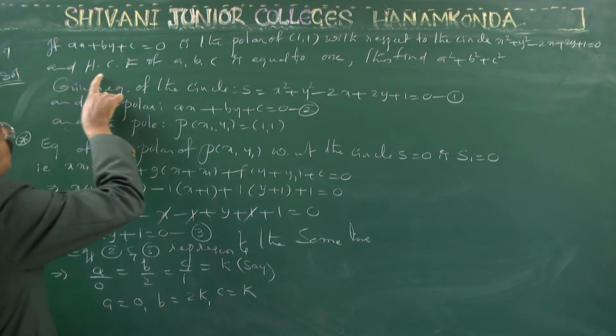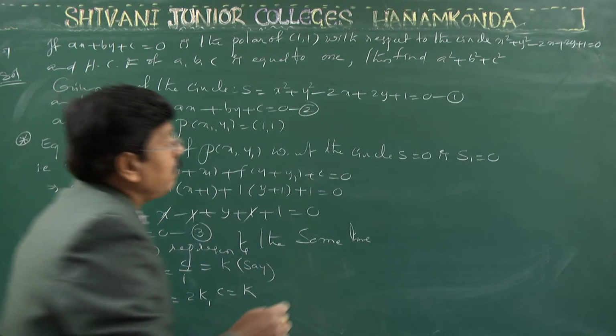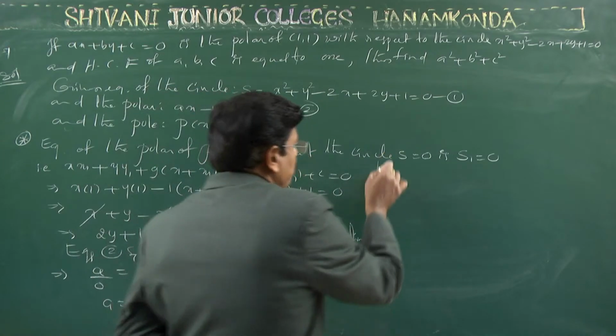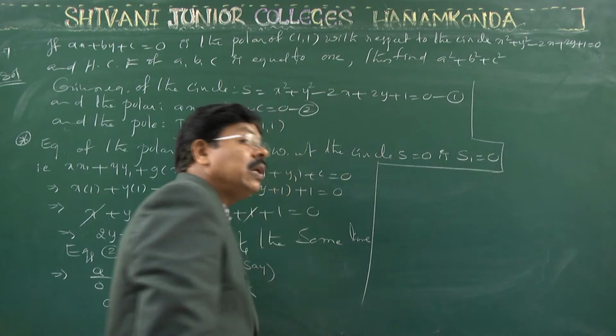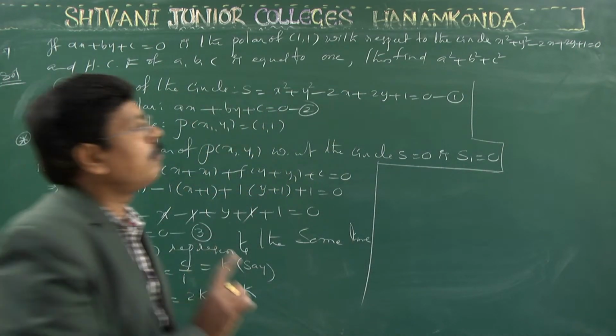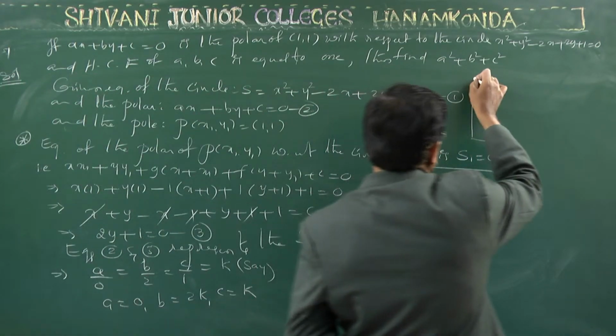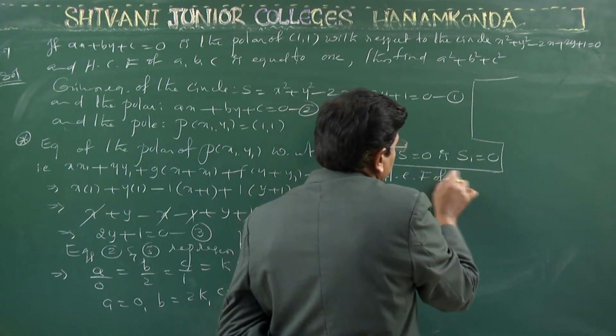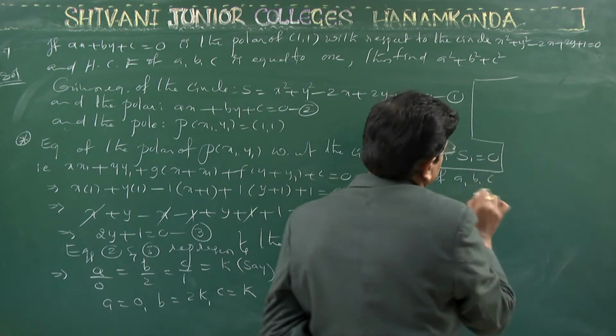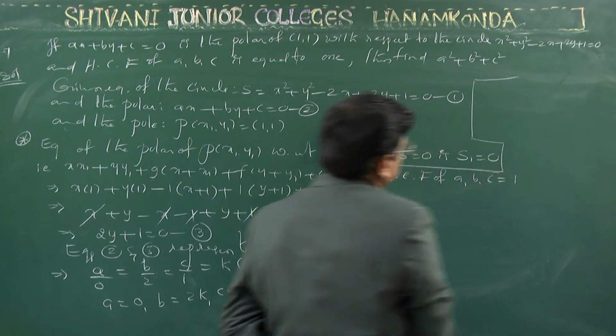What is the meaning of HCF? Highest common factor. The HCF of a, b, c is equal to 1, given that.